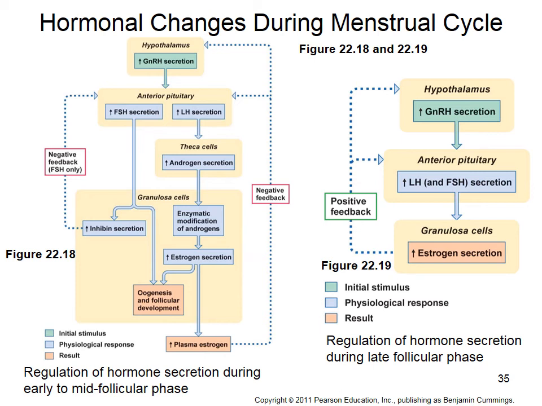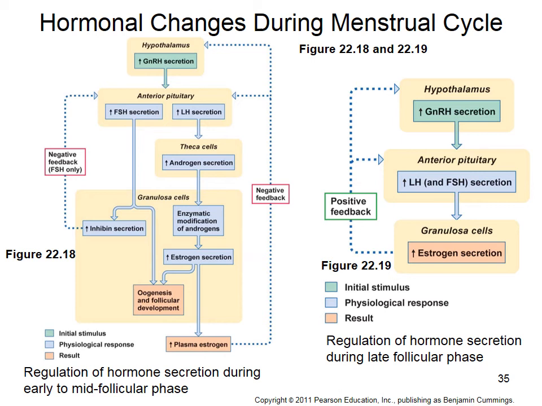Okay. So we've got 2 flow diagrams looking at how luteinizing hormone and follicle stimulating hormone are regulated during early to mid follicular phase and late follicular phase. Early to mid follicular phase looks a lot like the flow diagram we looked at in males.